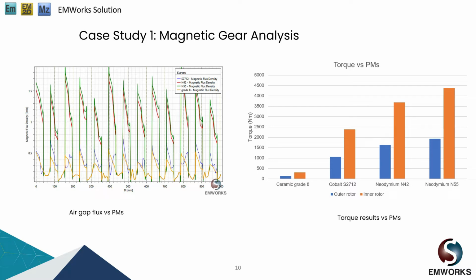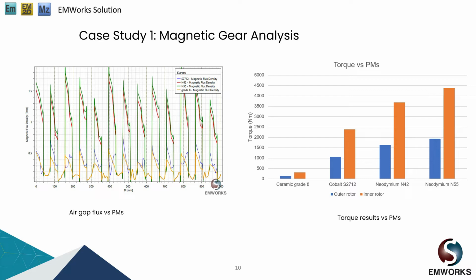It can be observed that their air gap flux, the flux across the air gap, across the modulator parts or poles, is increasing with the remanence. So with magnets with a higher remanence, we got a higher air gap flux.